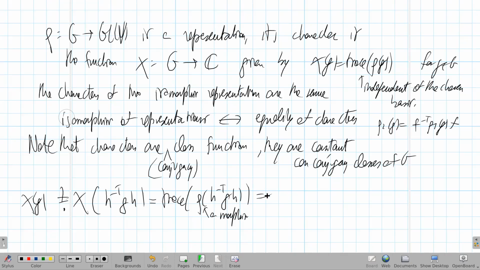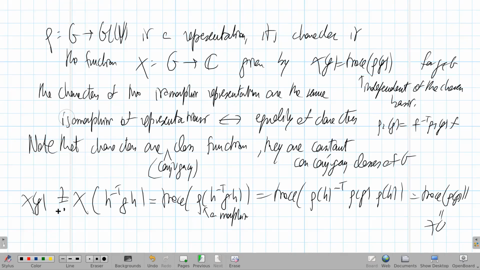This is elementary, but I want to make sure that we are clear about that, okay? And here we see the property that if you have a trace, you can permute these elements and the trace won't change. And so this is chi of g as desired, okay? So class functions, okay?